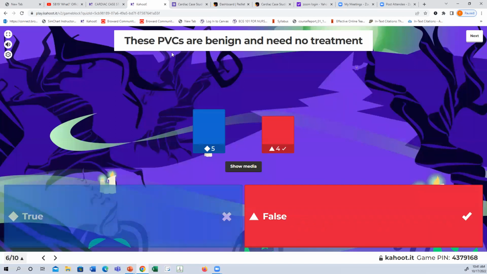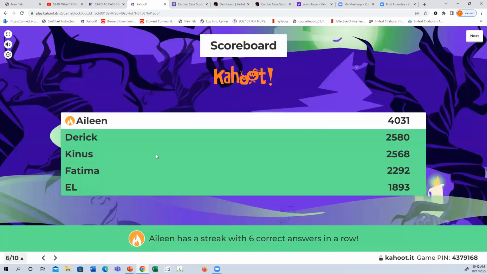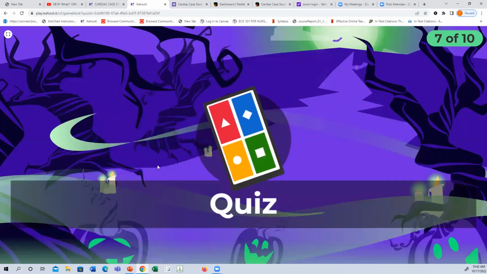So the statement that these PVCs are benign and need no treatment is false, because again, there are PVCs right over here, which are occurring very close to the T wave. So let's see, Eileen again, Kinos, Fatima, Derek, and EL. Congratulations.